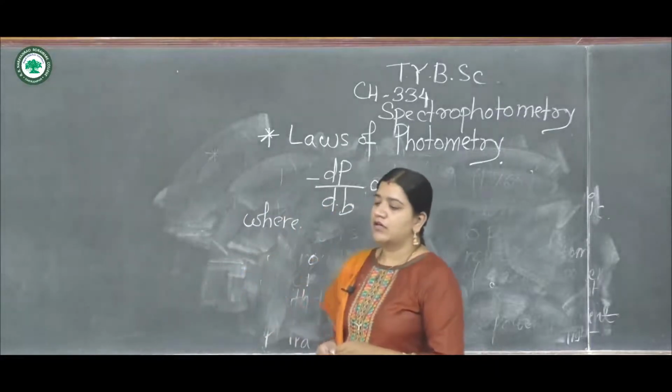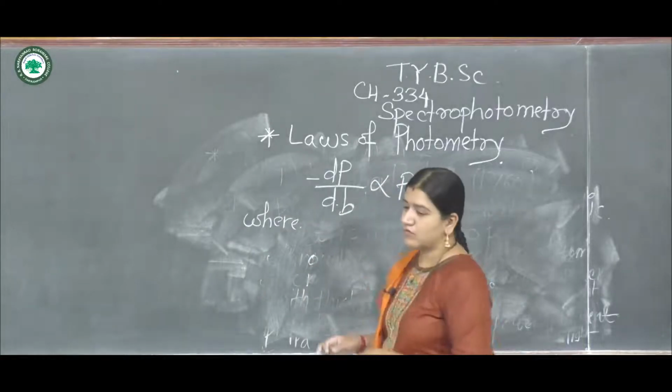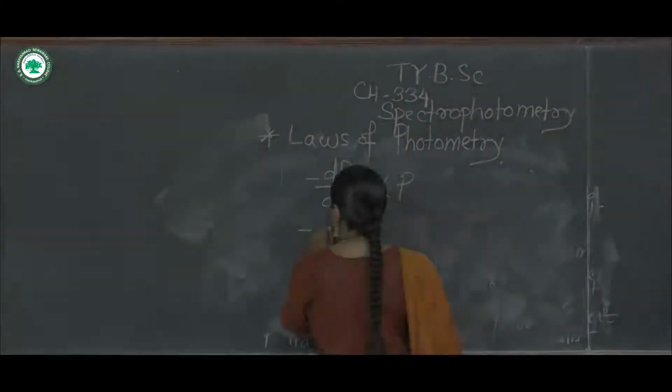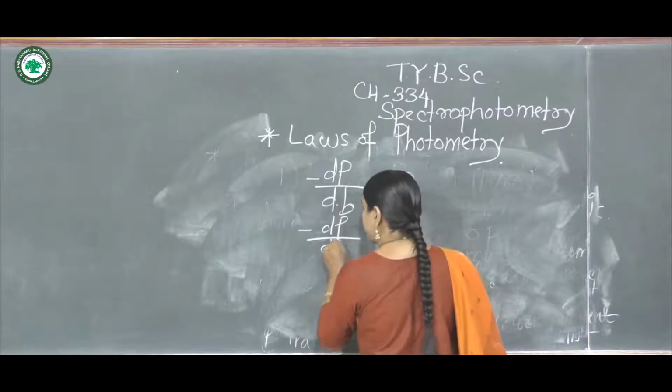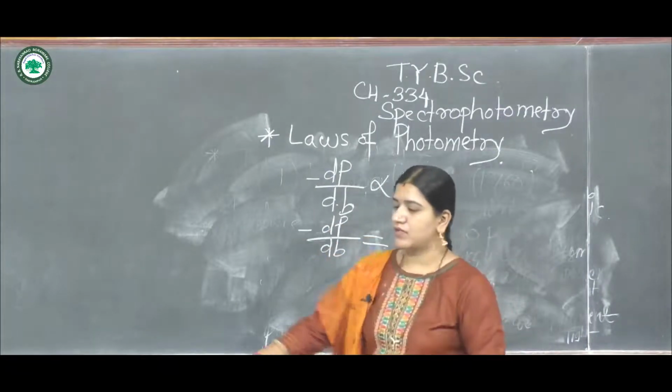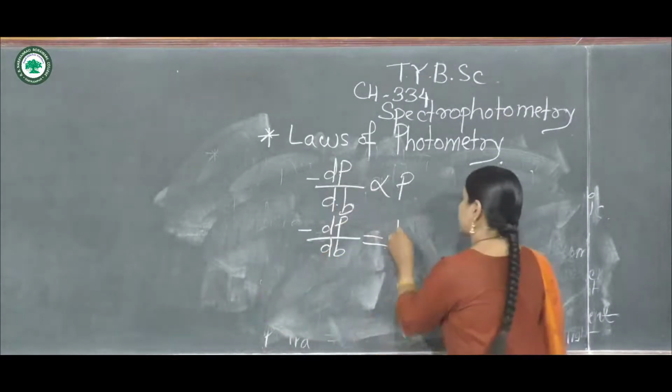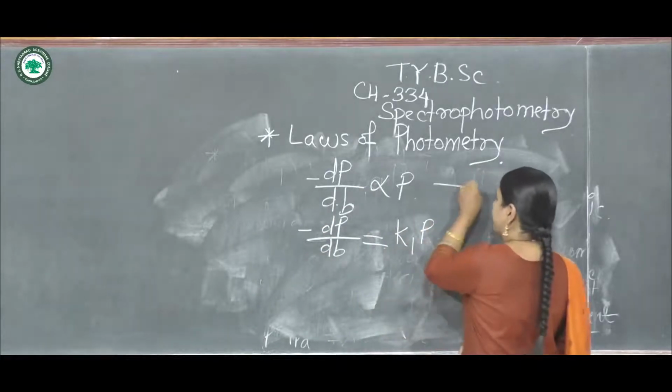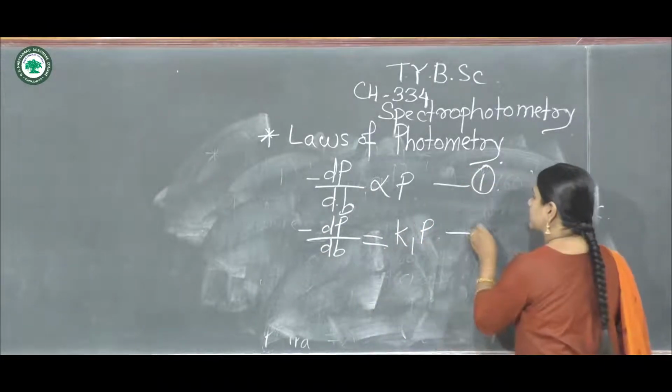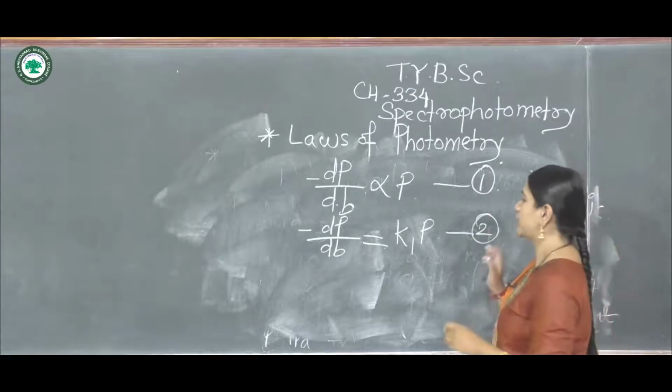Rearranging, instead of the proportionality sign we take a constant k1, so minus dP upon dB is equal to k1 into P. This is our equation number 2.